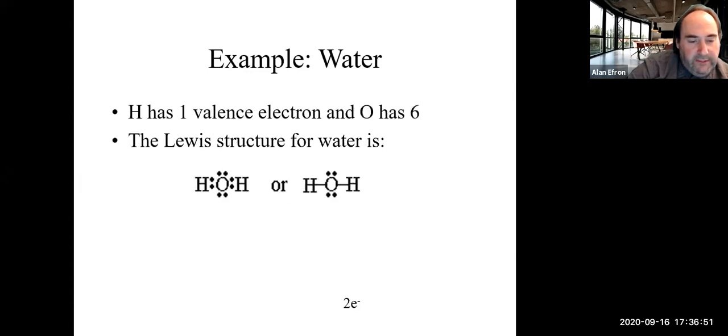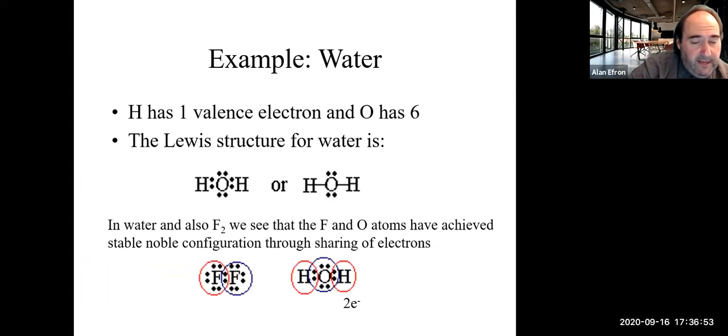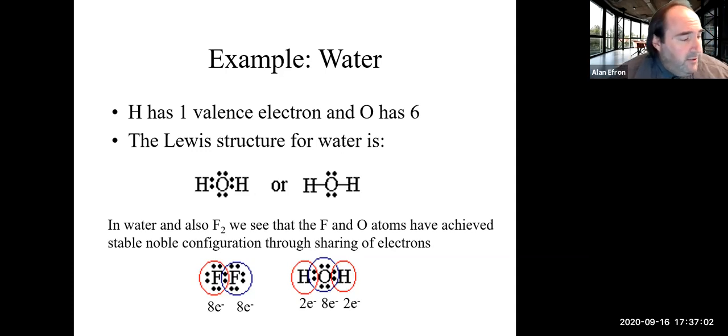So again, here we see something like water, for example, and if we look at water, just like we looked at the F2 that we saw previously, by sharing electrons, the oxygen here will share with two different hydrogens.